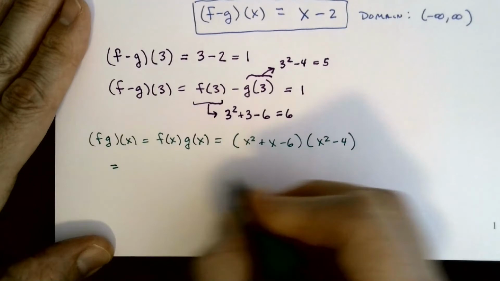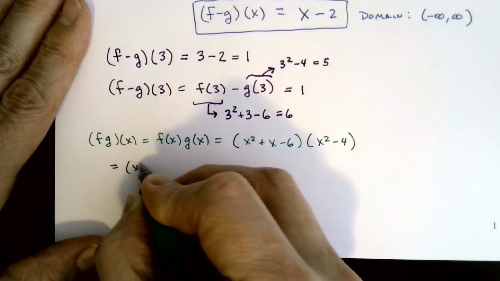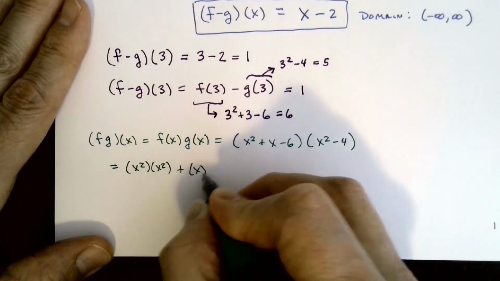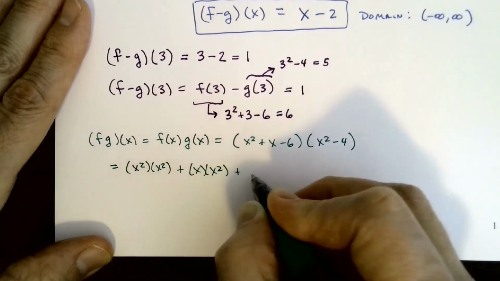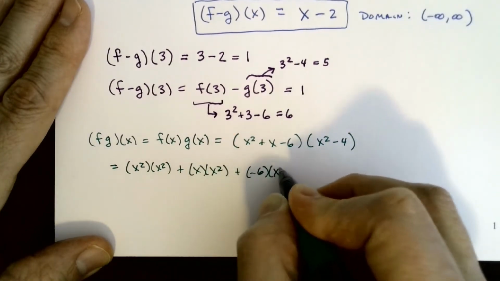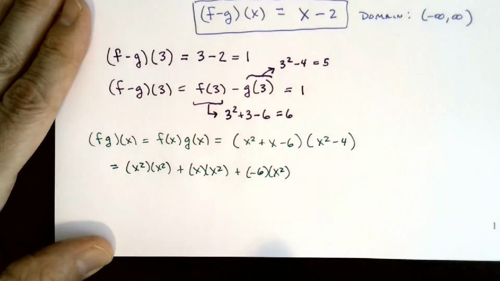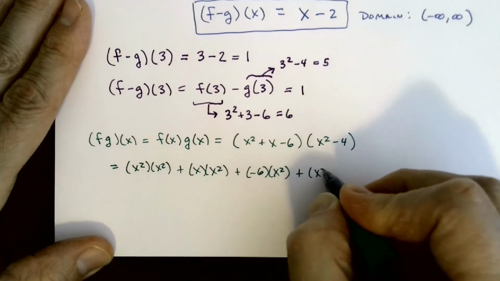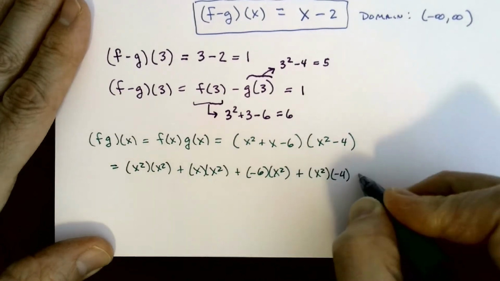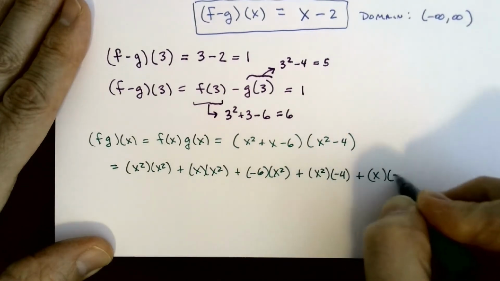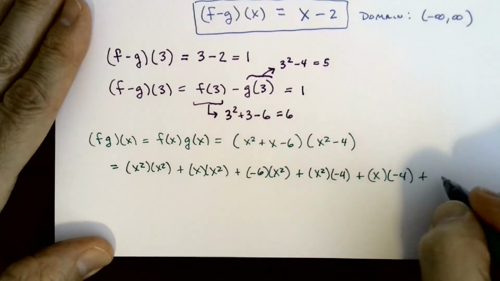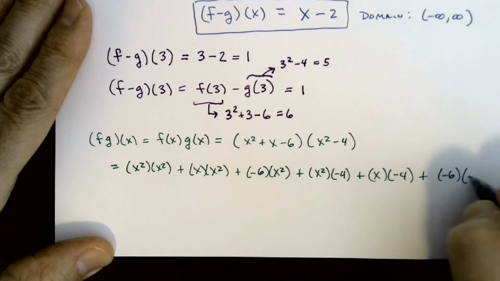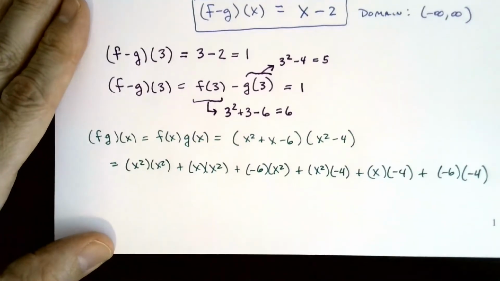So if I multiply this all out, what do I get? Let me just do it this way. X squared times x squared plus x times x squared plus a negative 6 times x squared. So there I've multiplied each one of these by the x squared. And then each one of these times the negative 4. It doesn't matter the order I multiply these in, just as long as each term in the trinomial on the left gets multiplied by each term of the binomial on the right.